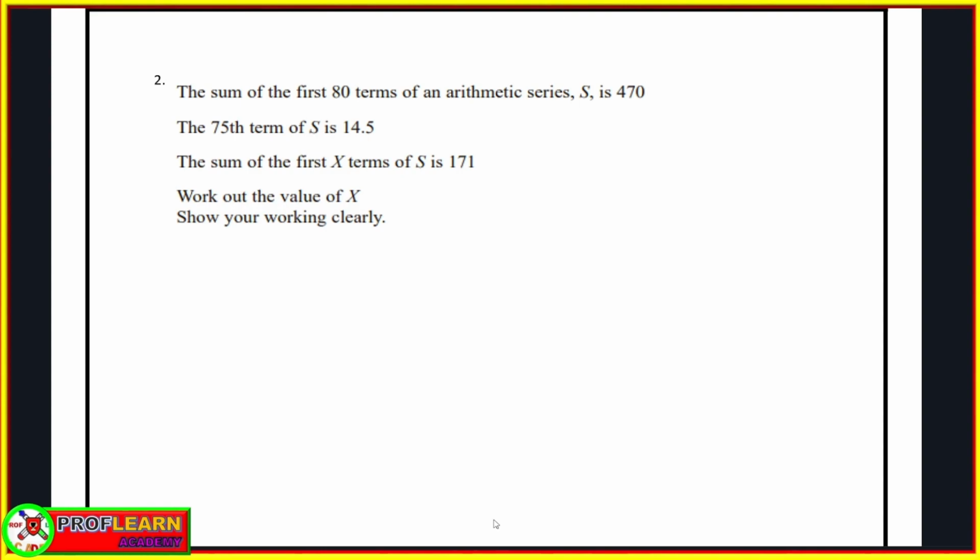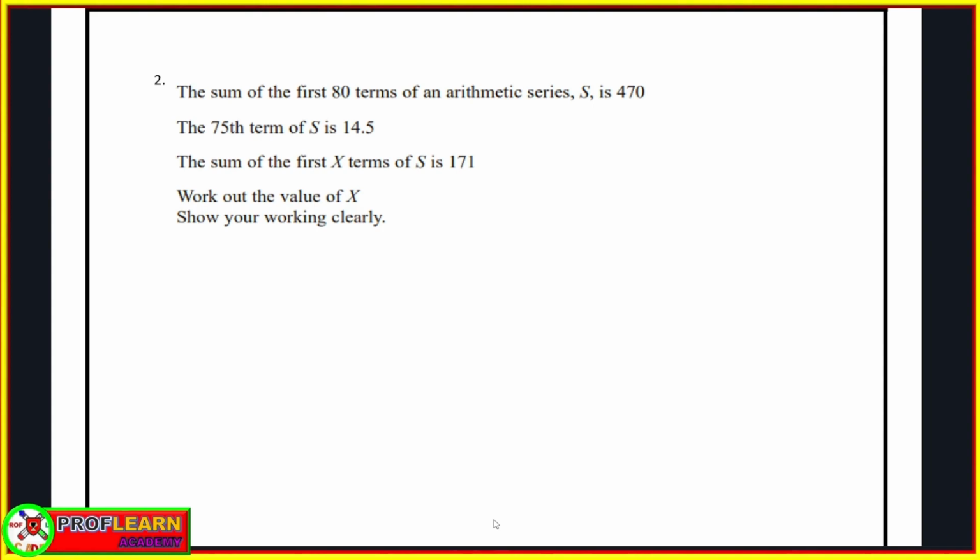So from there, you need to remember that the formula you need to use is S equals n over 2 into 2a plus n minus 1 into d. Also, we are told that the 7th term, so this one we are going to use the nth term formula, and then the sum of the first x terms of s is 171. Then we're supposed to find the value of x.